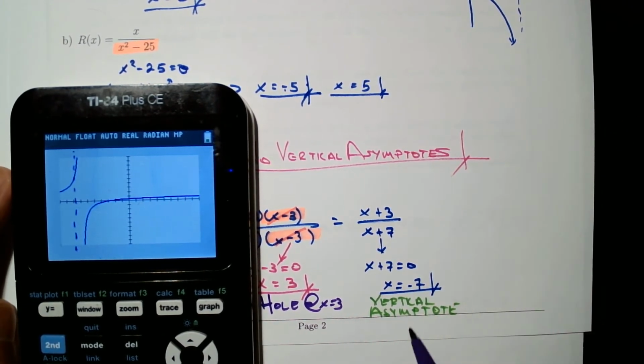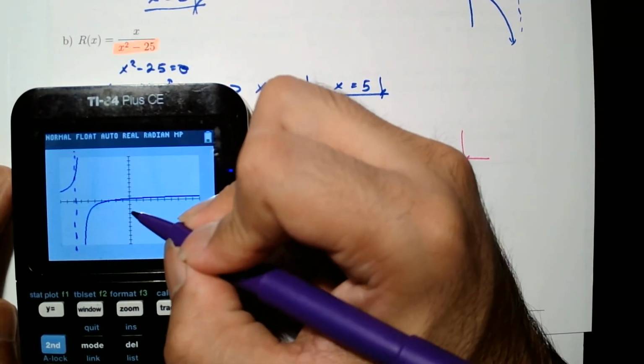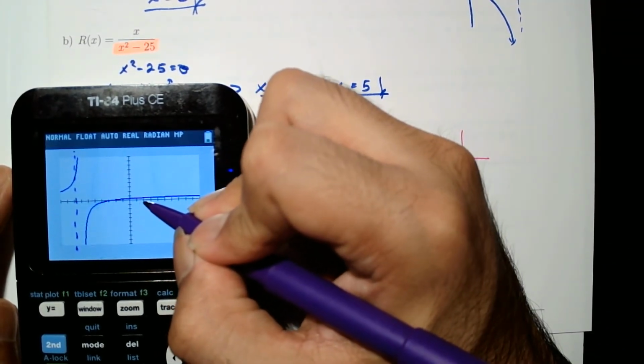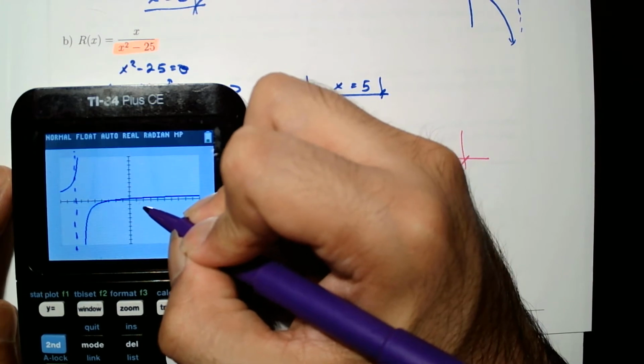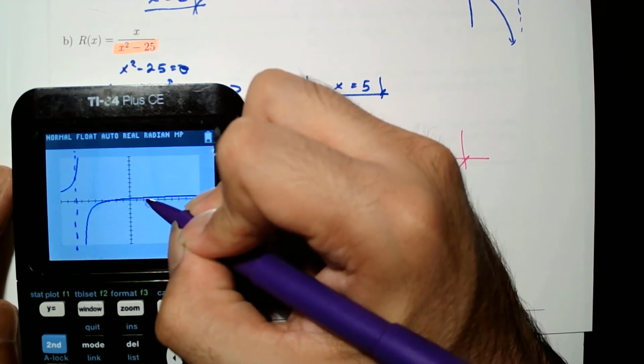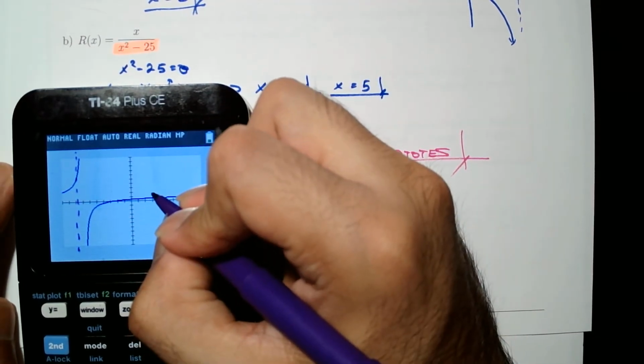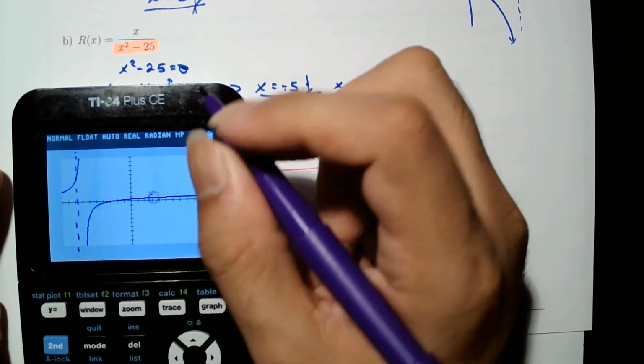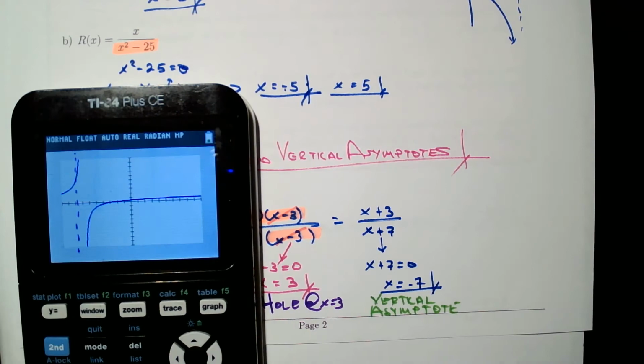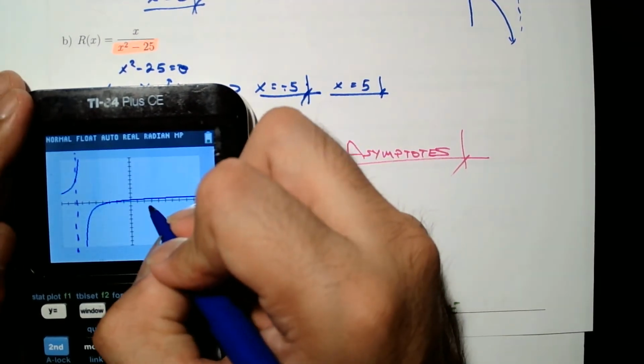And in this case, there is a hole at x equals 3. 1, 2, 3. Which the graphing calculator is not smart enough to show you. Let me use a nicer color.